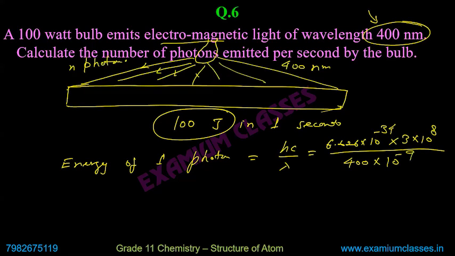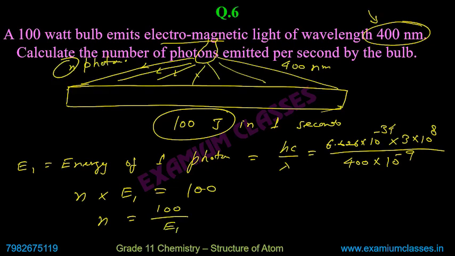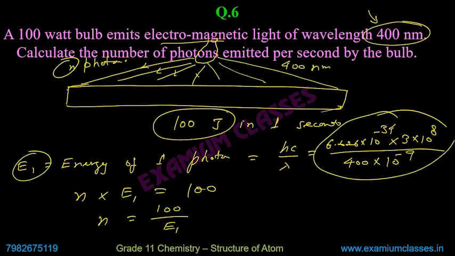When you have calculated E1, the energy of 1 photon, and there are n photons, n times E1 will be equal to total energy, 100. So n will be 100 divided by E1. Whatever value you have calculated, substitute that, you will get the answer. These many photons will be there.